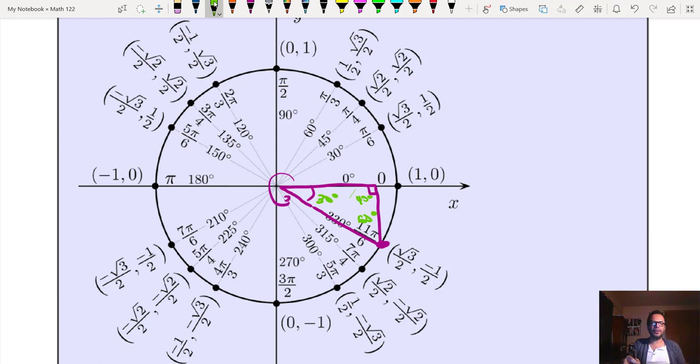Okay, but what about this? What about all this 30, 60, 90? And what about these ordered pairs that we see around the unit circle?